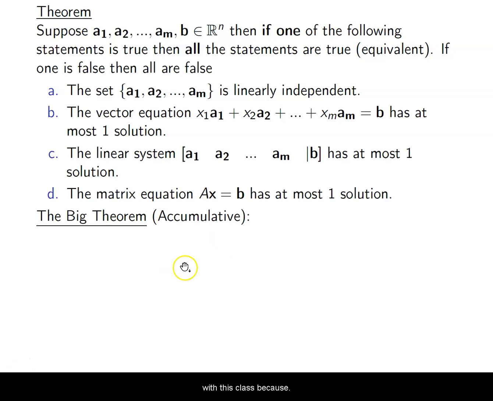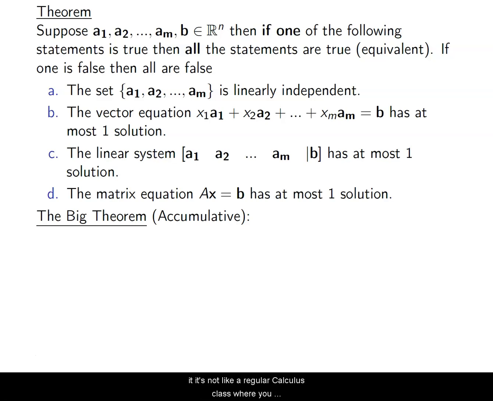You'll actually be pretty familiar with it by the time we're done with this class because, again, linear algebra is difficult because it's different, but a lot of the concepts are there in every single aspect of what we talk about in this class. So you see the same things over and over again, and you just get used to it.